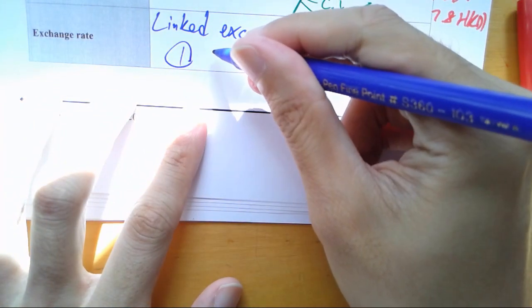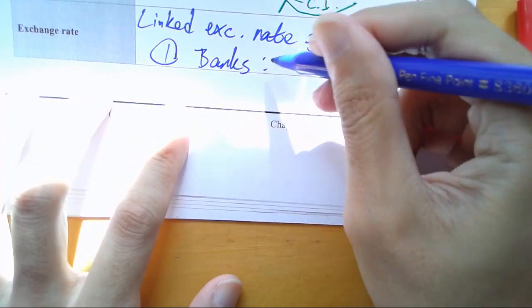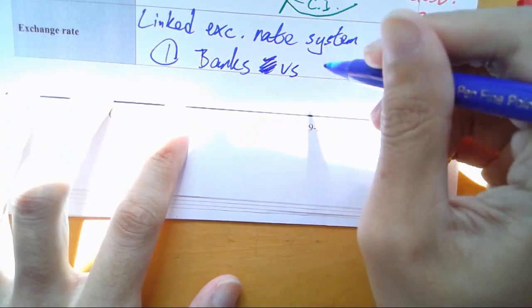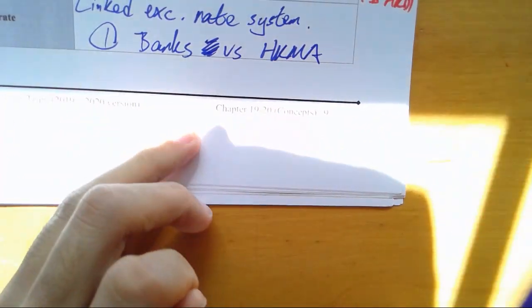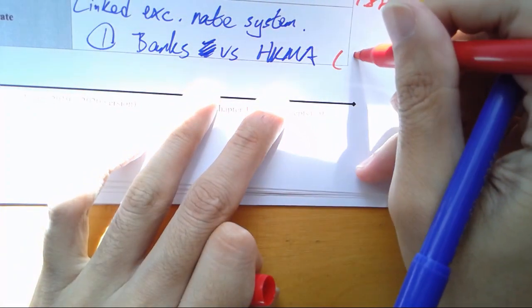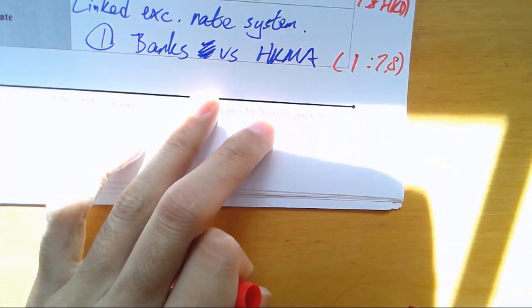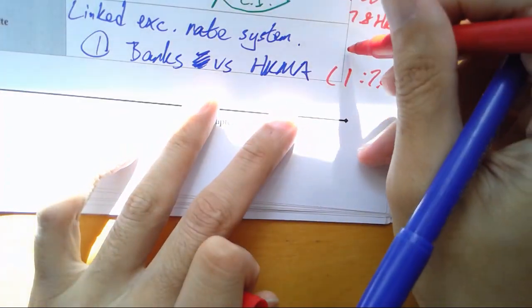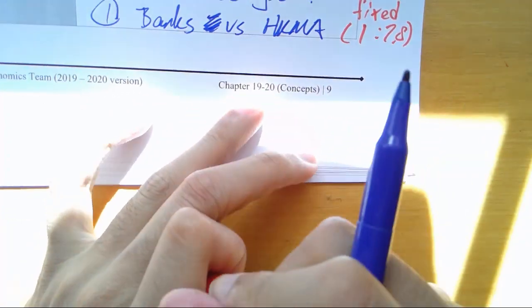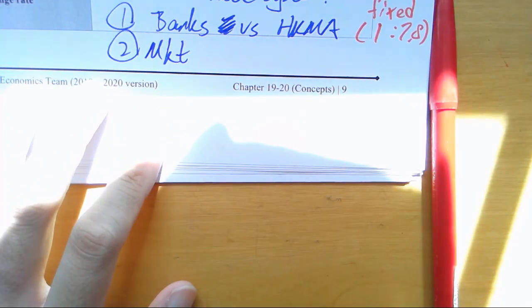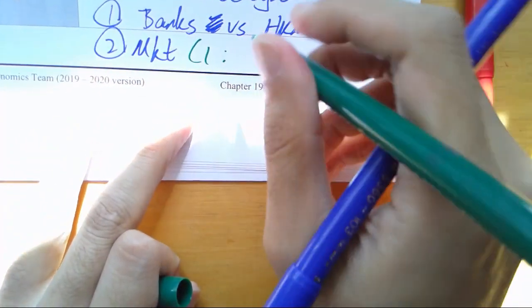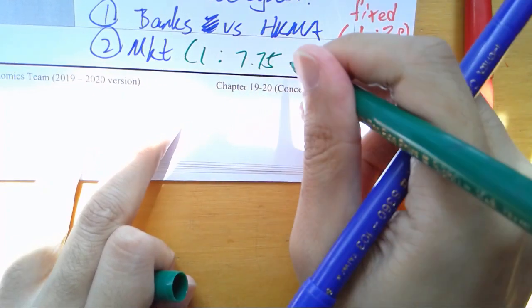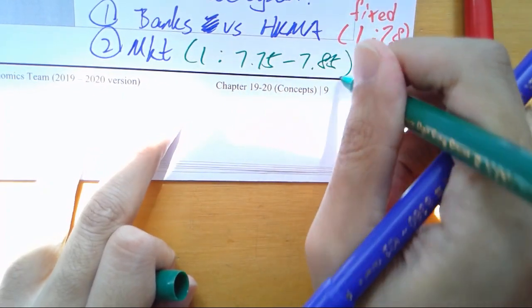One, between banks and HKMA, between them, the rate will always be 1 to this. Okay, fixed. Now, but in the market, actually, it allows them to flow between either 7.75 to 7.85.